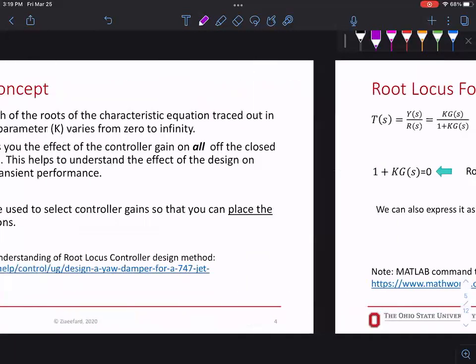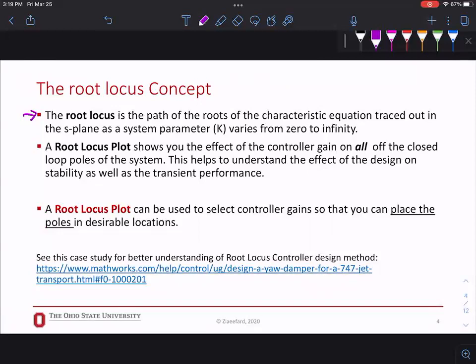Before I go there, I put an example here for self-study if you want the case study. But this example, I looked at it again. The system is not represented in transfer function, but in state space representation, but it's a system, it doesn't matter.